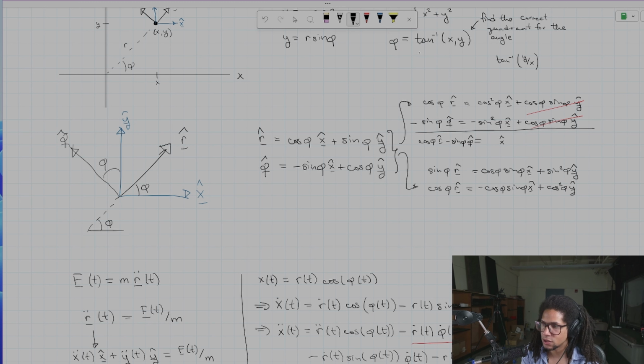And then we simply add these two. Oh, and that should have been phi hat. And once again, we see that we get exactly the cancellation that we need, and find sine phi r hat plus cos phi phi hat is equal to y hat. Okay, let's go ahead and write those out down here nicely so that we can see what's going on.